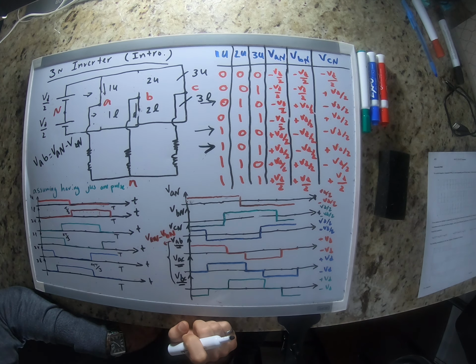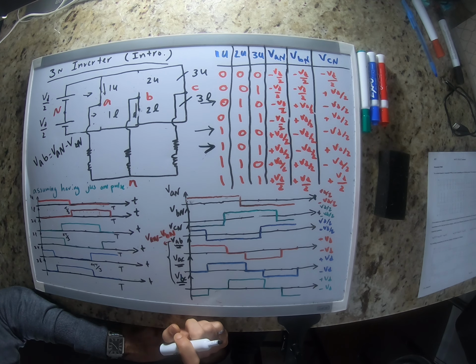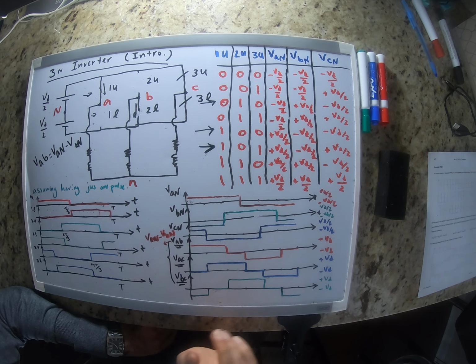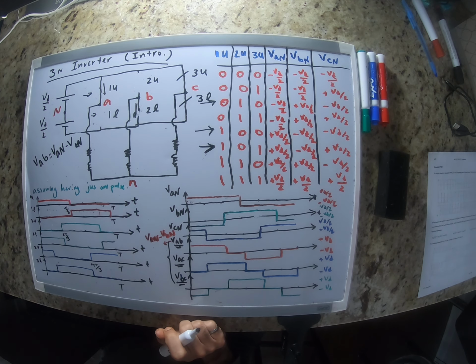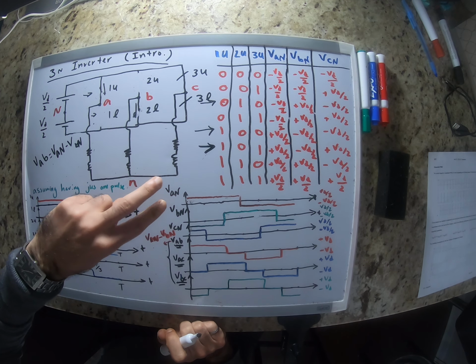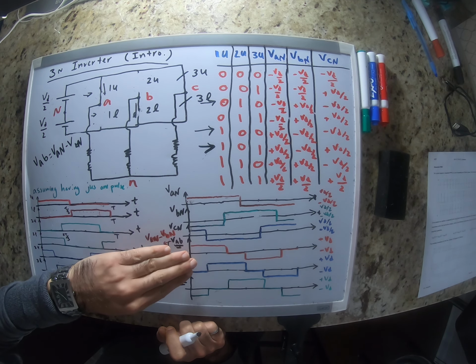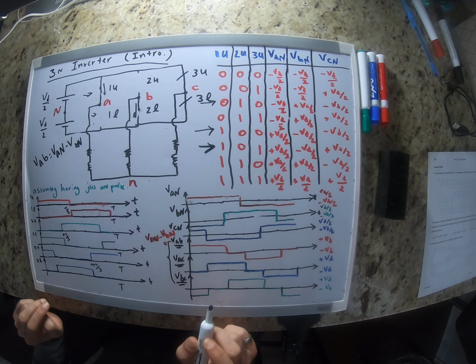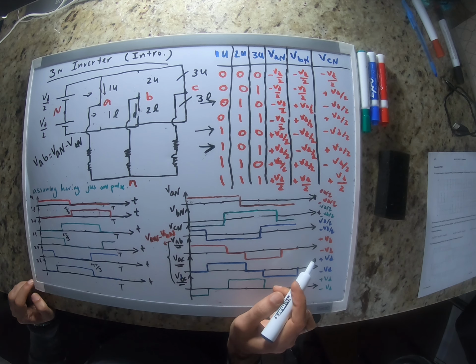We want to have line-to-line voltages. The phase voltages are 120 degrees apart from each other, and we have the line-to-line voltages. Now, because we are subtracting phase voltages, we get 3 levels for our line-to-line voltages: VD, 0, and negative VD.